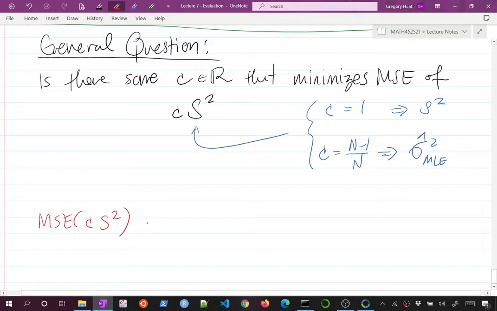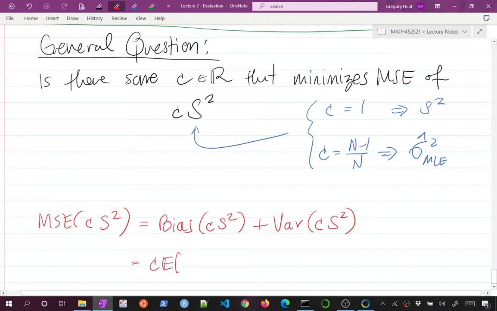This is the bias squared of c times s squared plus the variance of c times s squared. I'm going to go through this pretty quickly because we basically already did this problem. It's c times this minus sigma squared, all of that quantity squared. And for the variance, we can pull the c out, and we have to square it.